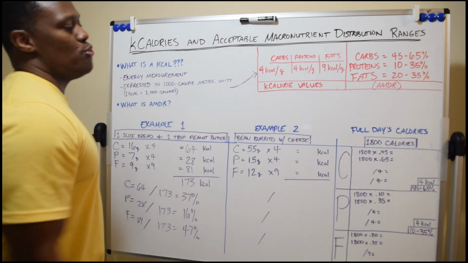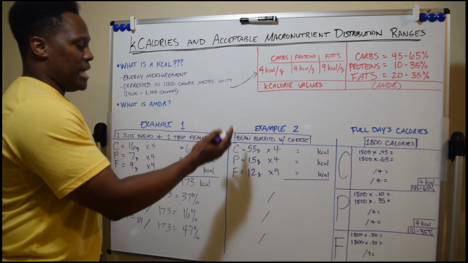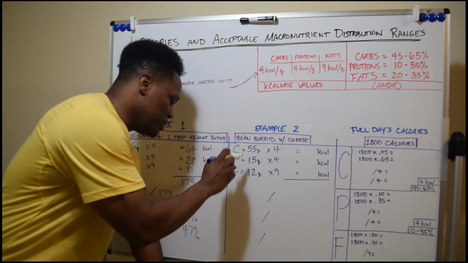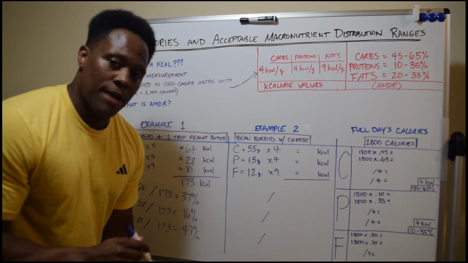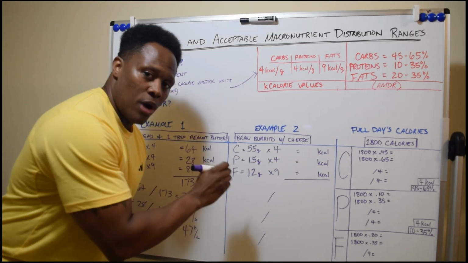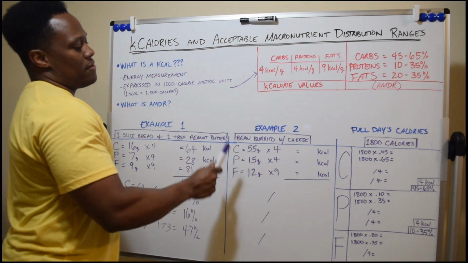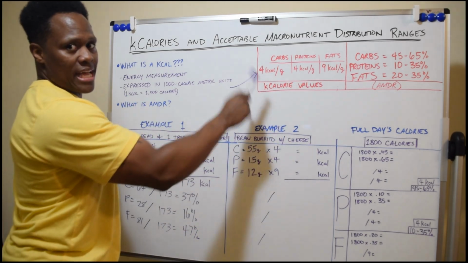Now, here's our other example, okay? This is example 2. Maybe this is your second meal, a bean burrito with cheese. Now, it's already determined that with the bean burrito with cheese, you get 55 grams of carbs, 15 grams of protein, and 12 grams of fats. So, as written, we have 4, 4, and 9, based on the legend up here for kCalories.